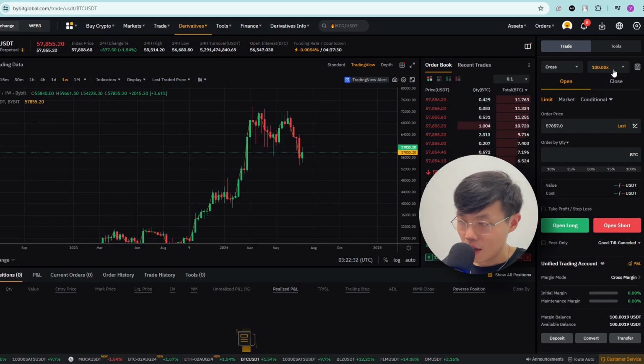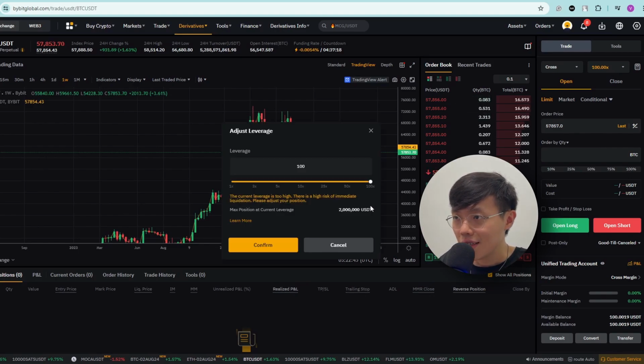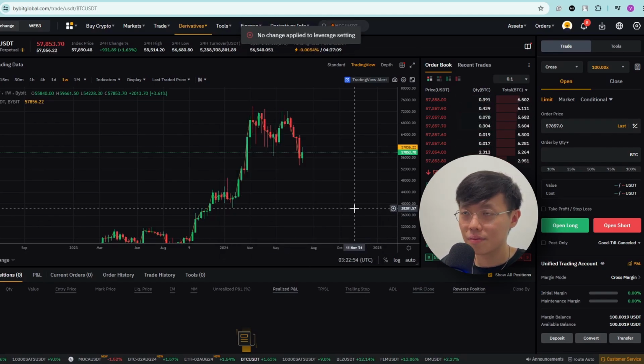This is the platform leverage option, where it gives you the option to trade more and gain more. So all you have to do is just drag it out to the maximum. I will teach you why in a second. Just drag all the way to the maximum and press OK.